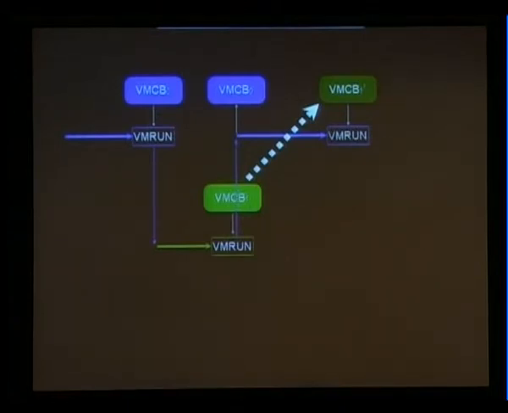So we update this VMCB with other interceptions that we want to intercept as a main hypervisor, and we continue, and we should somehow continue the execution of the guest.